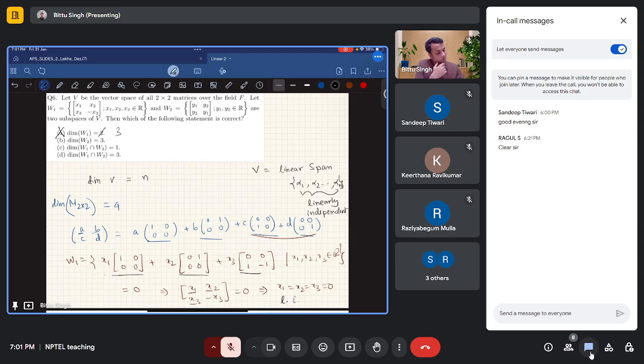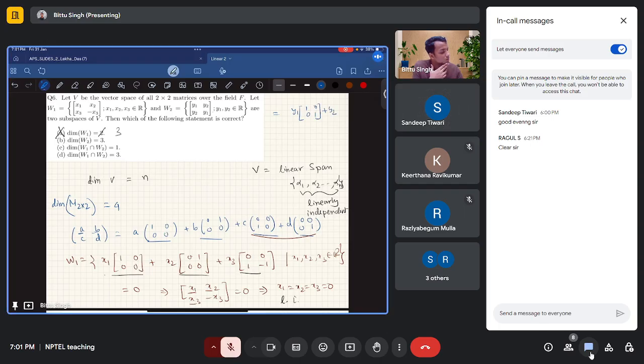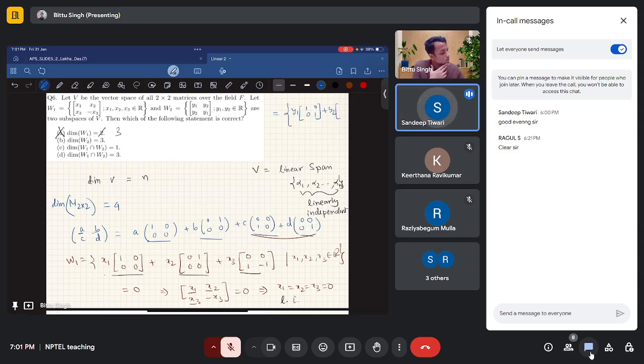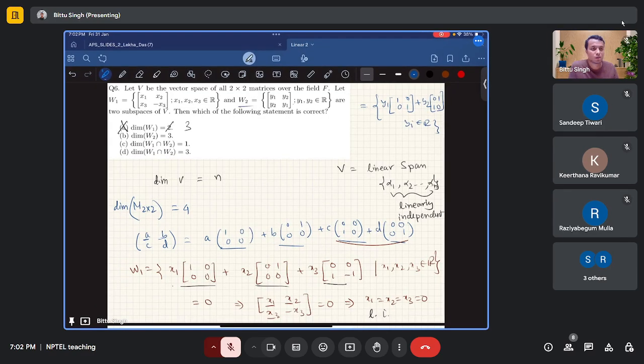Now by the same reason, you can write W2. This W2 can be written as Y1 times [1, 0; 0, 1] plus Y2 times [0, 1; 1, 0]. Okay. So here Yi again belongs to R. So from here, the same check will give you two linearly independent matrices spanning this W2, right?